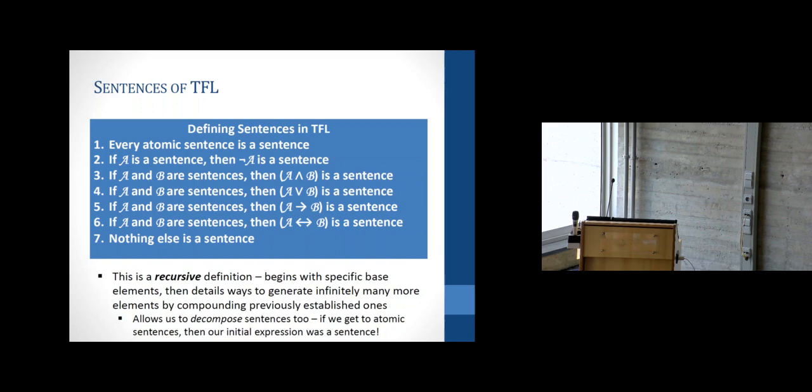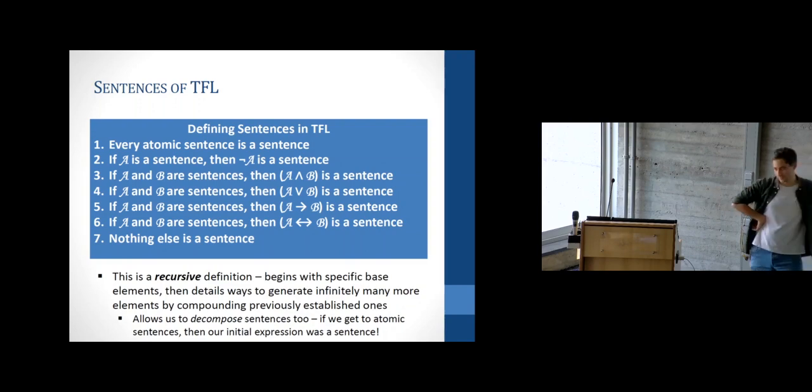If I have 2 sentences A and B that I already decided are well-formed sentences, then brackets A conjunction B, close brackets, is also a well-formed sentence. So I'm giving you the base, the atomic sentences, and I'm giving you the recipe for how to build any other type of sentence. This applies to all the connectives, and then nothing else is.